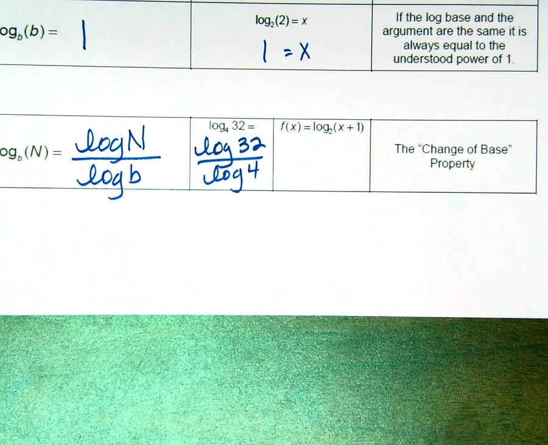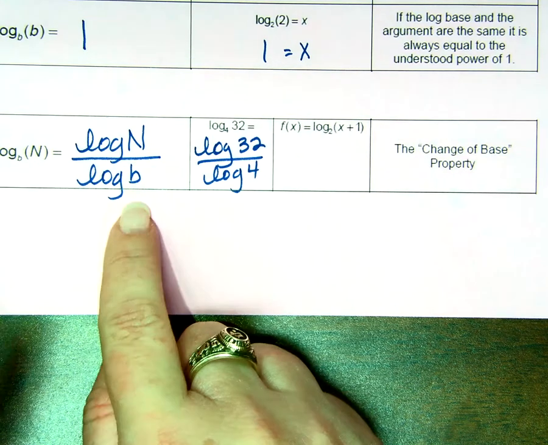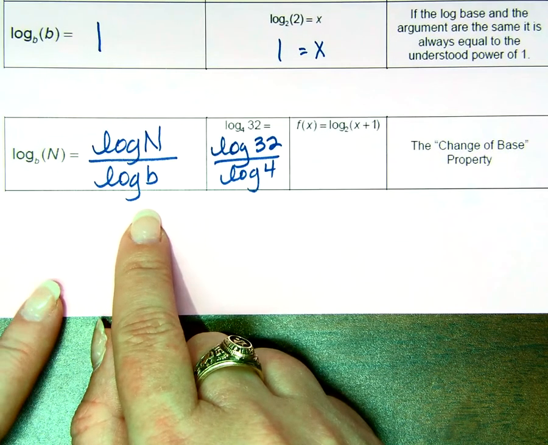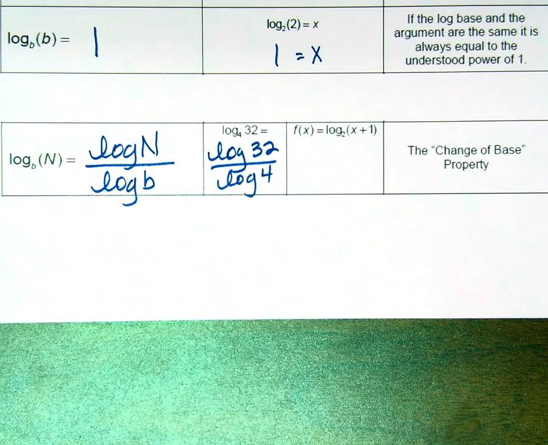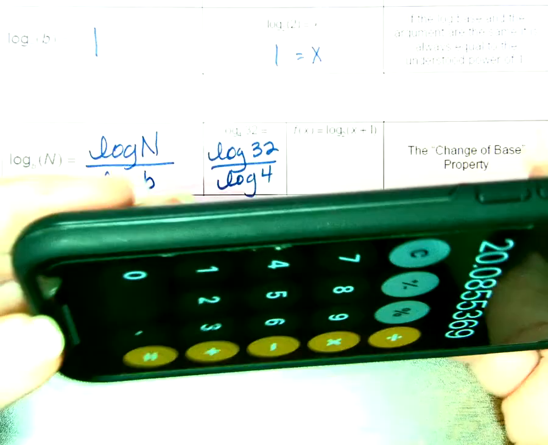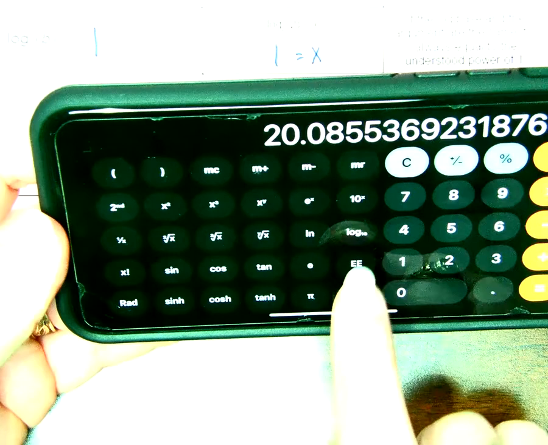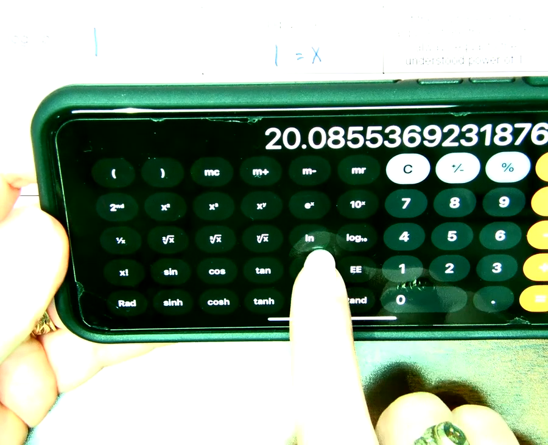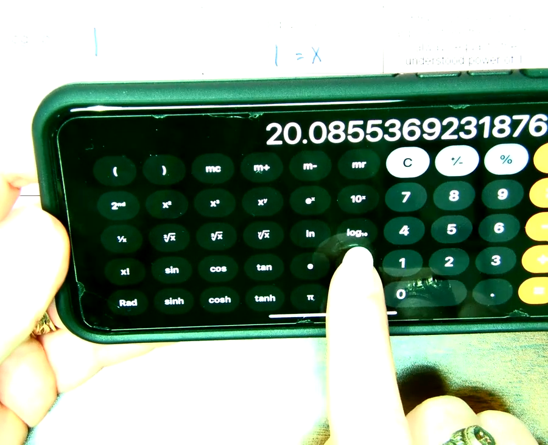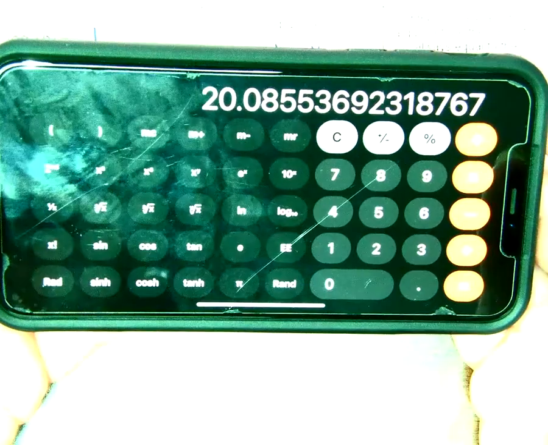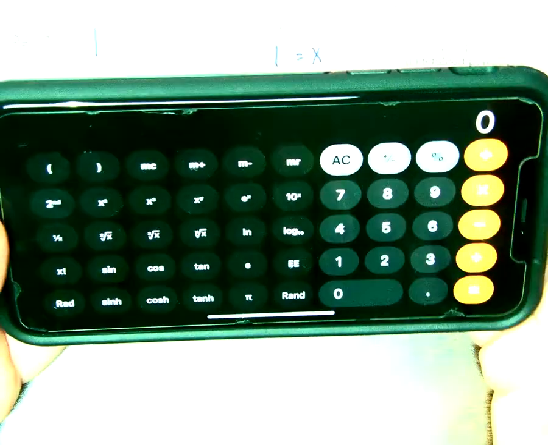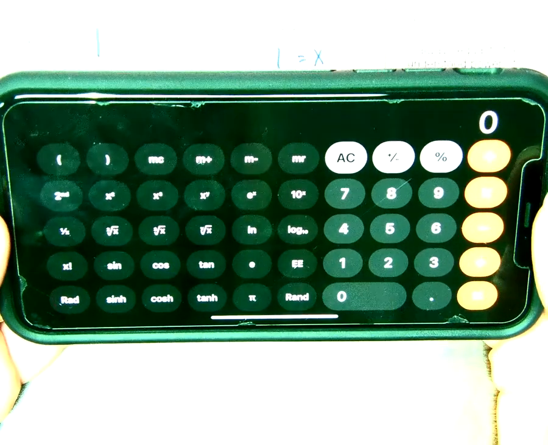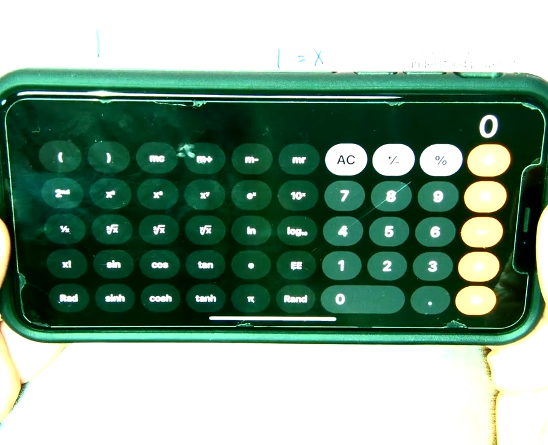Now, if you went to another school that had older calculators, you would definitely have to know this. This is not one of those times where we can get on our phone on the calculator and turn it sideways, because on our phones, it'll only do natural log and log base 10. So there are those older teachers that tell you, well, you won't always have a calculator with you.